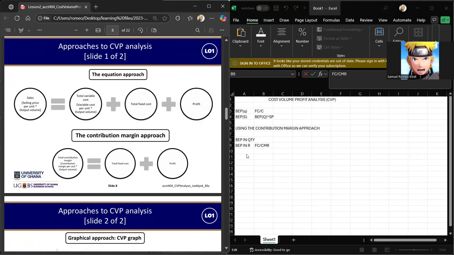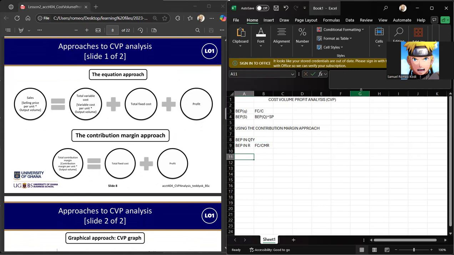Let me quickly give you the format so that it will be easy for us when going through. For targeted profit in units, the formula is fixed cost plus the target profit being given, divided by our contribution or contribution margin, whatever you call it.